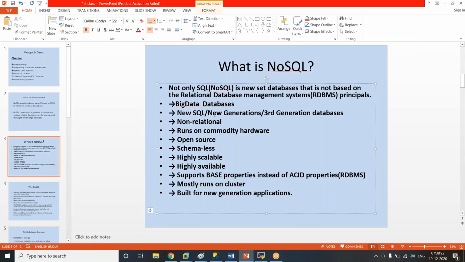Right. NewSQL, new generation and third generation: these are all the latest generation of data. These are not for old flat files, your fixed schema, fixed data. You don't need this. It is for the new generation. New generation means people have a wide variety of data, versatile data. Even applications have become very agile nowadays.